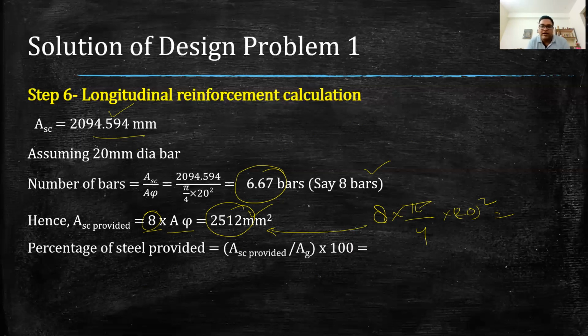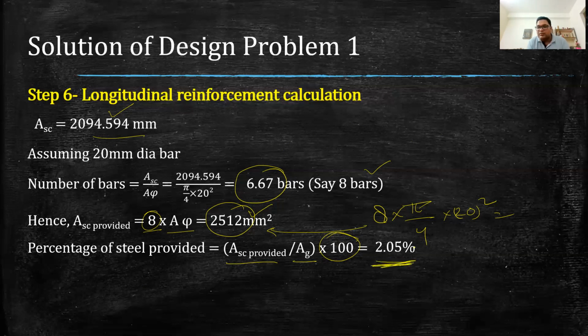So with this, we can find out the percentage of steel. So percentage of steel will be area of steel divided by total cross-sectional area, and the whole multiplied by 100. So with this, the percentage of steel worked out as 2.05%.